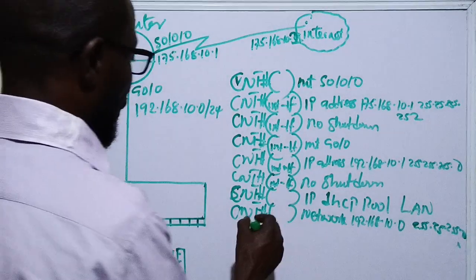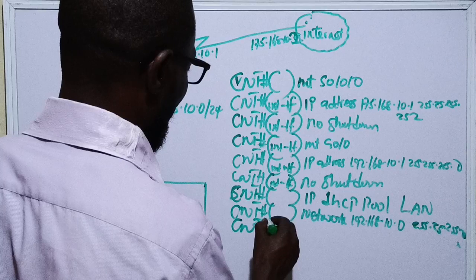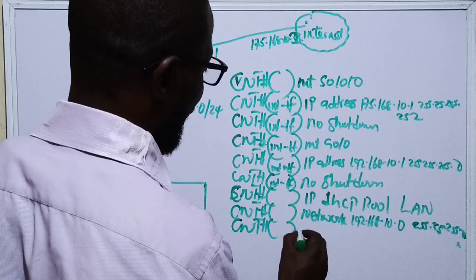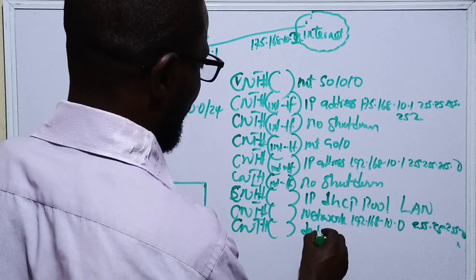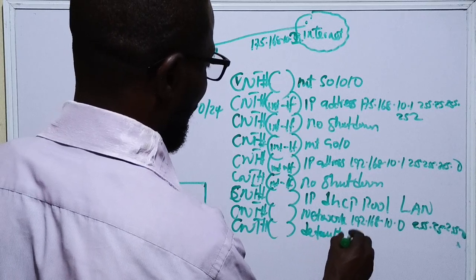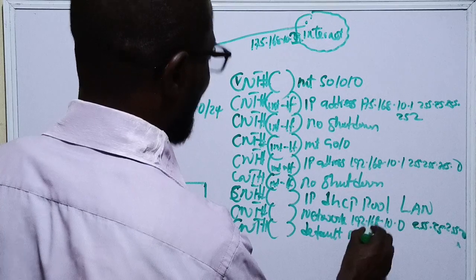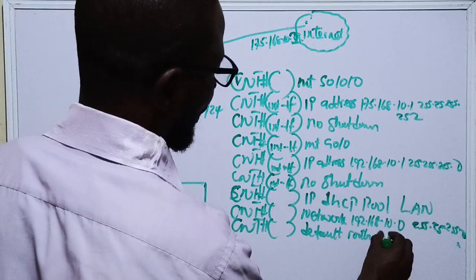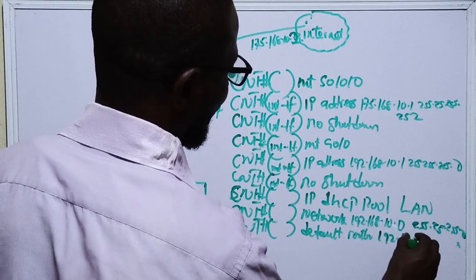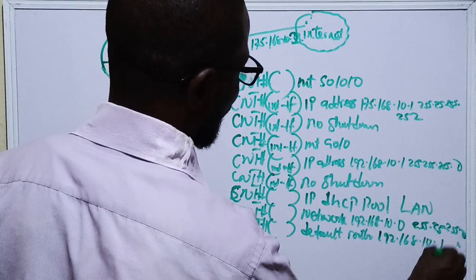So now, you are still in the router's DHCP configuration. Default router. The default router is the IP address you configured here, 192.168.10.1.